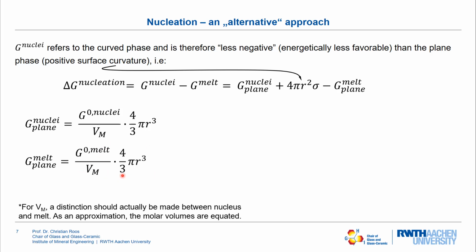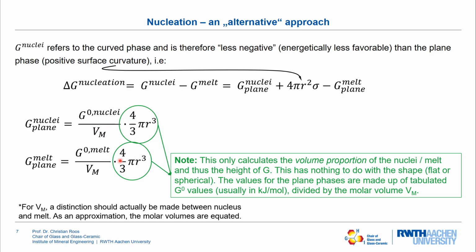Please note that this has nothing to do yet with if the nuclei is curved or not. This is simply the calculation of the volumes and therefore of the total free enthalpy of the nuclei and of the melt. The values for G0 nuclei or G0 melt can be taken from the known tabulated books.